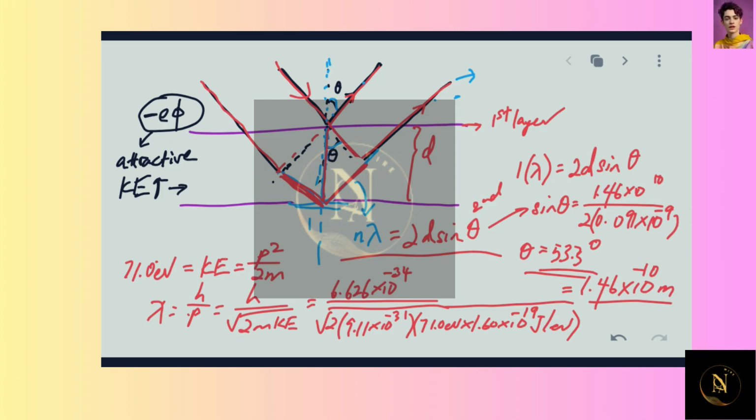As a result, this would lead to a decrease in the wavelength, because this is the formula over here. The wavelength is inversely proportional to the square root of the kinetic energy. So if kinetic energy increases, wavelength would decrease.